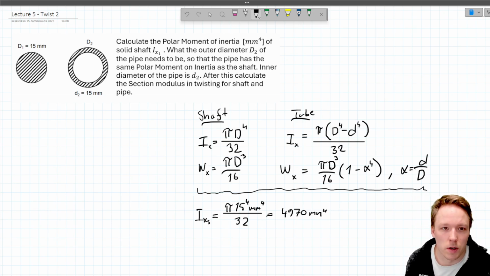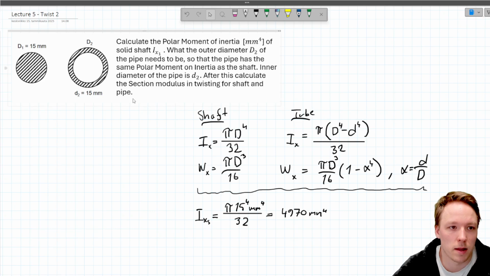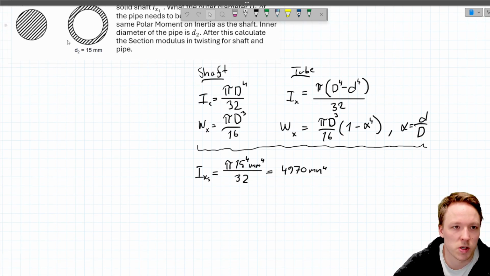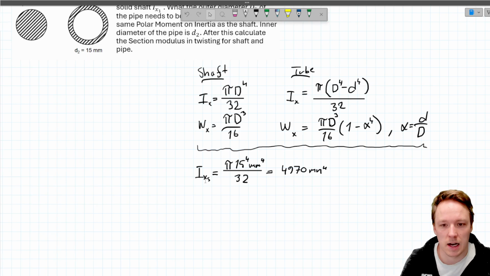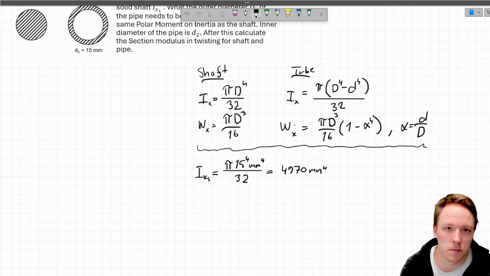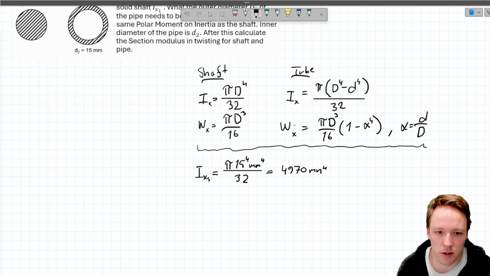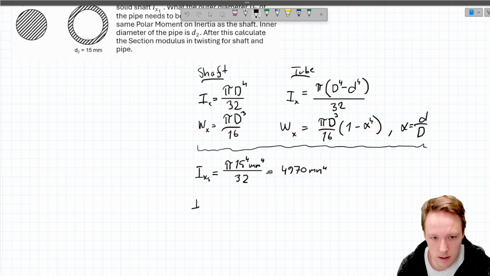Okay, so now in the task we are told that the tube which we are calculating here must have the same second moment of inertia. So it means that Ix T, like tube, has to be 4,970.